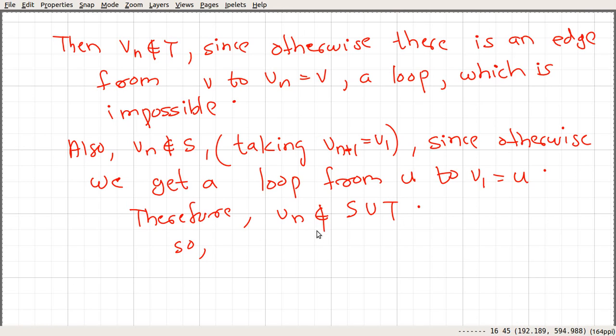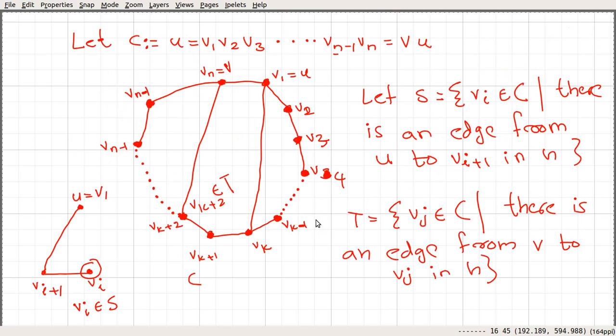And that says, so here we built this S and T by using the vertices in this cycle, and this cycle corresponds to a Hamiltonian cycle, and all the vertices will appear in this cycle, right.